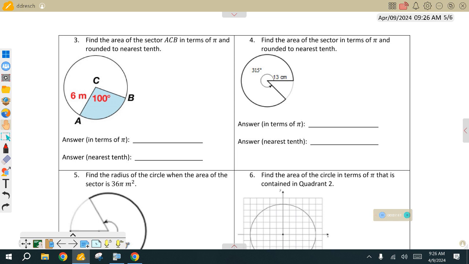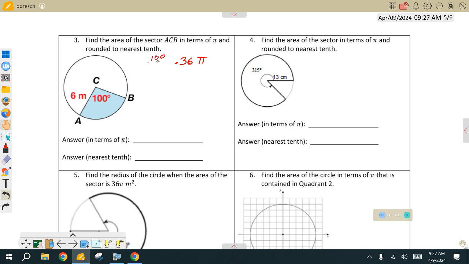So I always go, hey, find me the area of a full circle. In this case, the radius is given: 6 squared is 36 pi. And then whatever happens to be the degree of that arc we're looking at, in this case it is 100 degrees. It's not 90 degrees, it's not 180 degrees. We're looking at 100 out of 360.